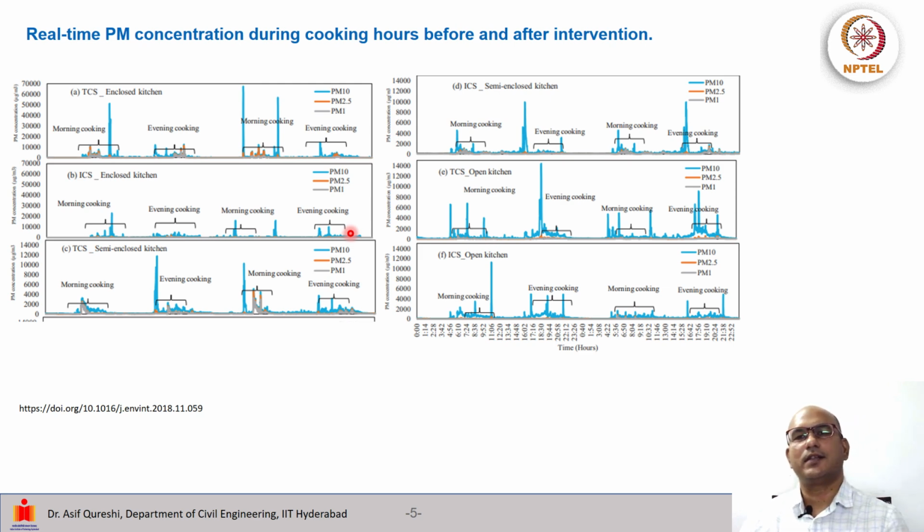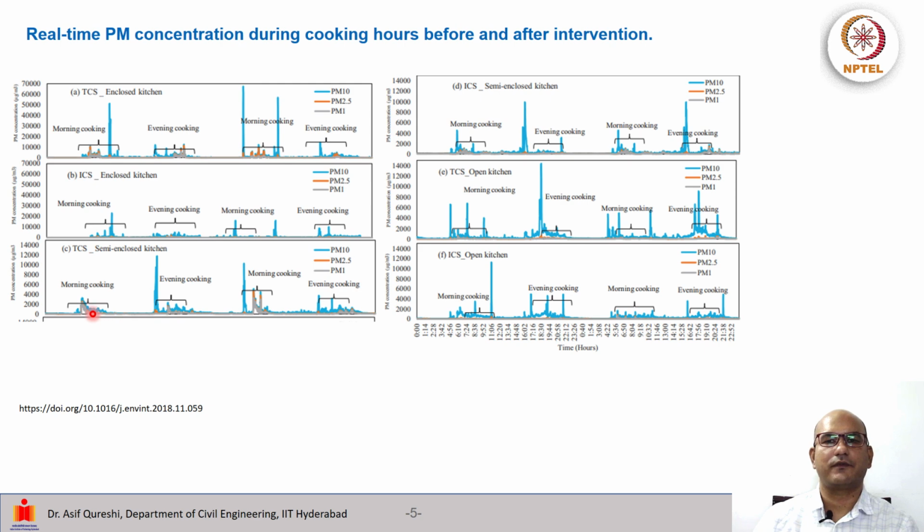Now, when we look at the semi-enclosed kitchens, we have the traditional cook stove and the improved cook stove. Here we have some peaks again in PM10, PM2.5 and PM1 during morning cooking, evening cooking, morning cooking, evening cooking. When we look at the PM10, 2.5 and PM1 profiles, we do not see that much decrease in the PM10 peaks.